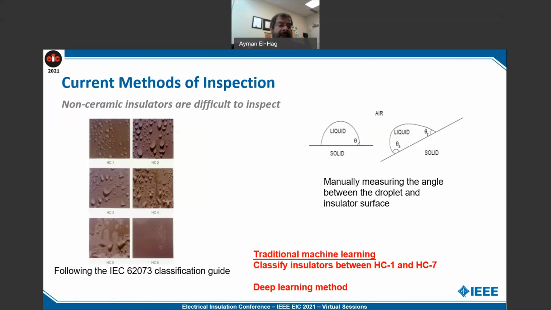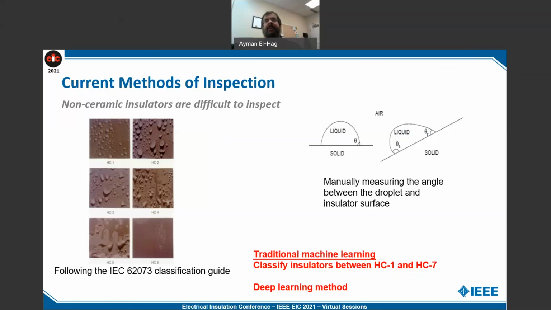Here we classify the insulators into 7 different classes based on the distribution, based on the size of the water droplets. This technique can be applied in the field. However, it has a problem which relies on human expertise. So you have to have people with experience in this so that they can judge.